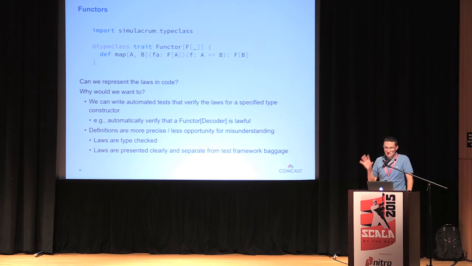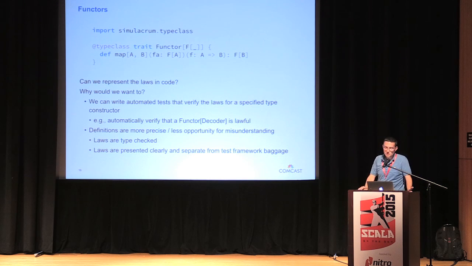When we have a lawful functor instance, we'll be able to do all sorts of things like compose functors together, or work very algebraically with code based off of referential transparency. And if our laws are broken, some of the substitutions that we can do algebraically will end up introducing errors into our program. So it's very important that our laws be adhered to.